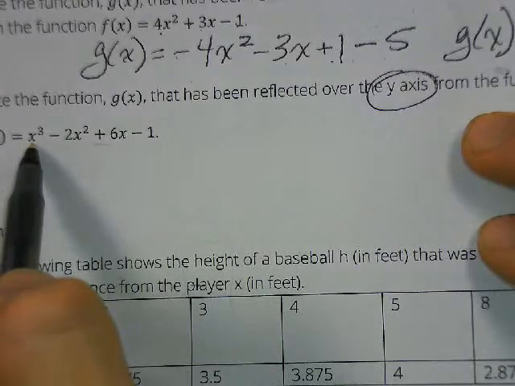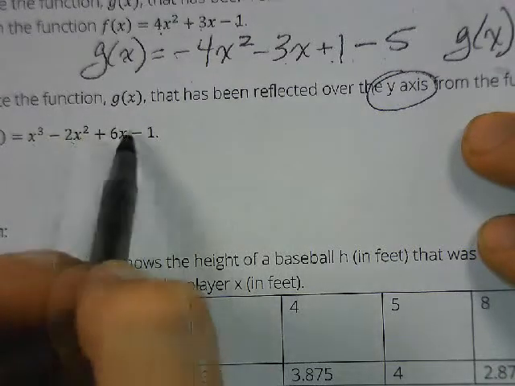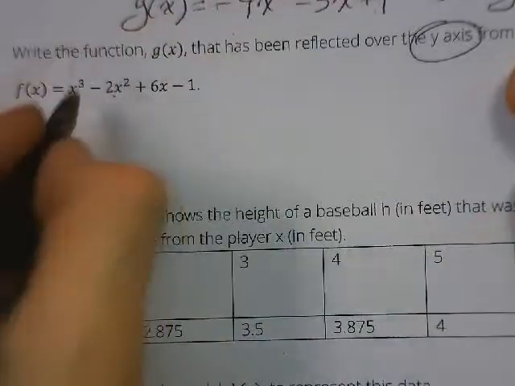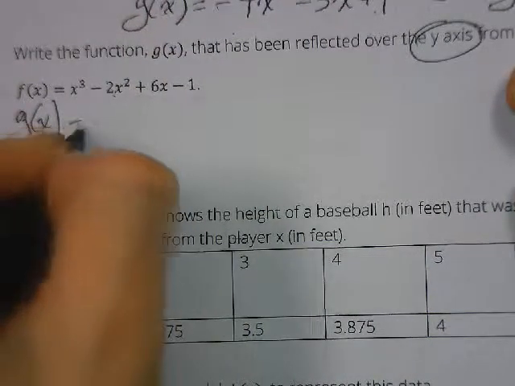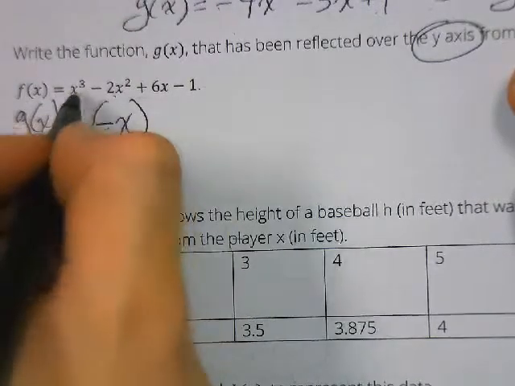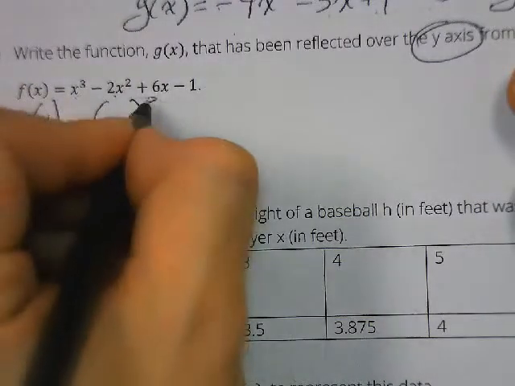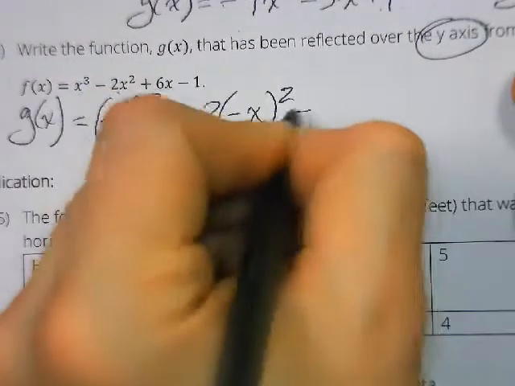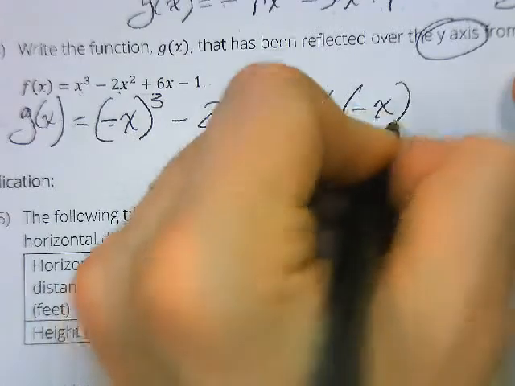Okay, and that'll reflect us over the y-axis. g of x is negative x, again here's that negative sign inside of the x grouping, negative x cubed minus 2 times negative x squared plus 6 times negative x and then minus 1. So you can see I just made an x grouping and stuck a negative sign inside.